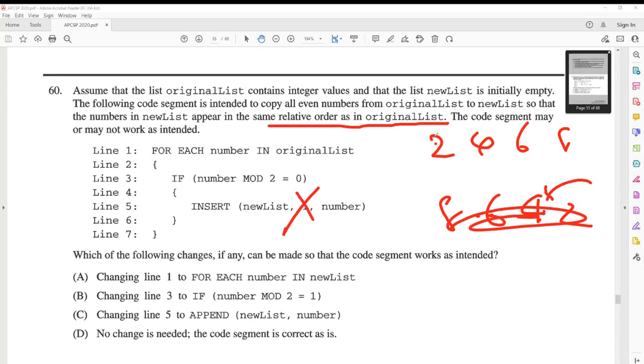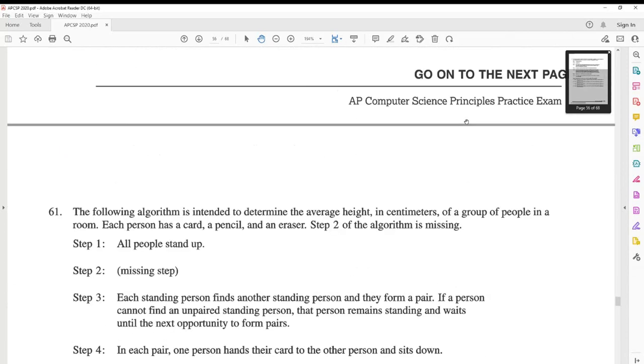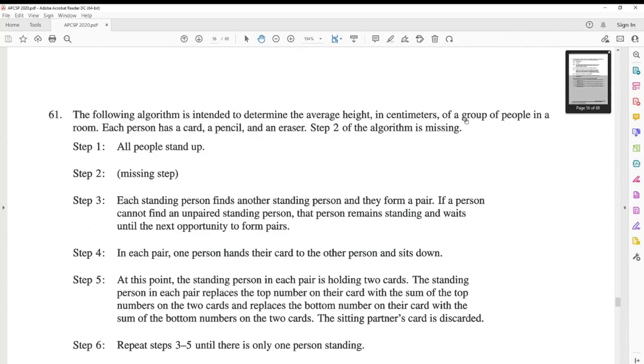So this is wrong. Don't insert there, you need to append it to the list. And not the R number, not this one. So actually number 60 is C, your insertion location is wrong. Any questions so far?